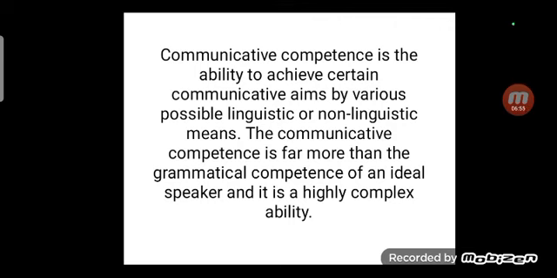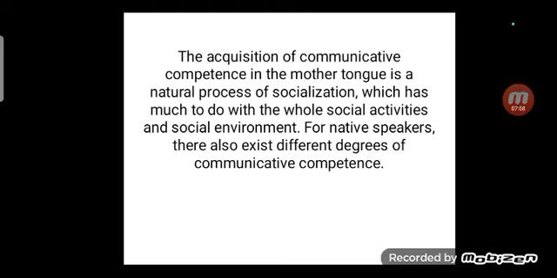The communicative competence is far more than the grammatical competence of an ideal speaker, and it is a highly complex ability. The acquisition of communicative competence in the mother tongue is a natural process of socialization, which has much to do with the whole social activities and social environment. For a native speaker, there also exist different degrees of communicative competence.